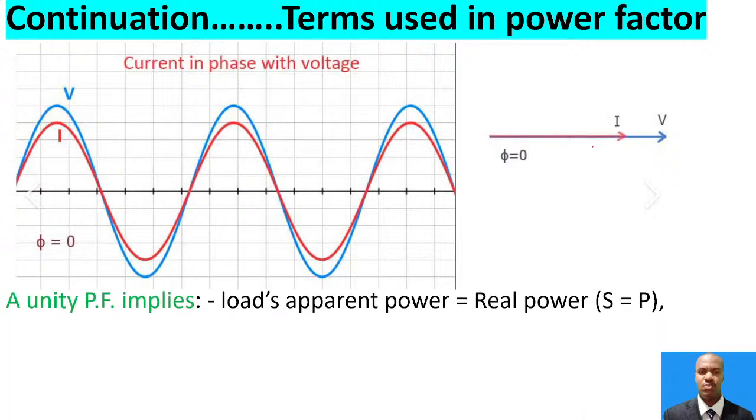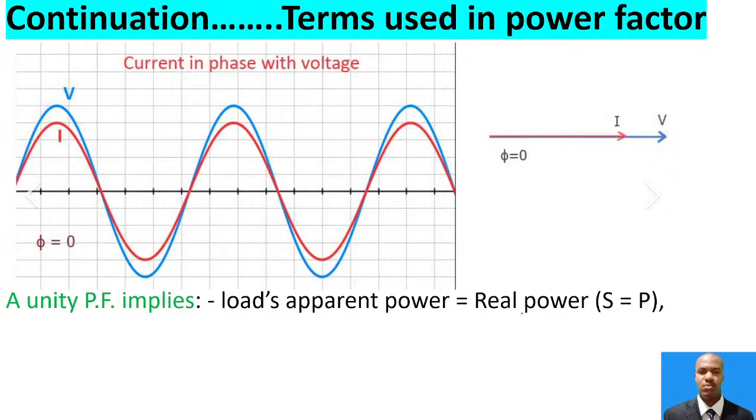So a unit power factor implies that the load's apparent power, and we said that the apparent power is the combination of real power and reactive power, is equivalent to the real power.